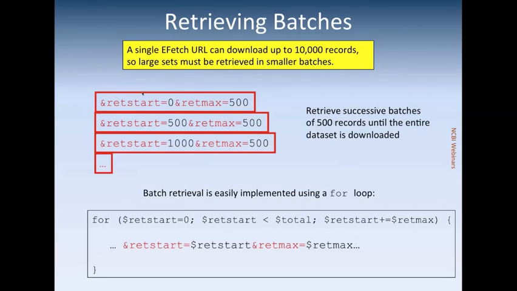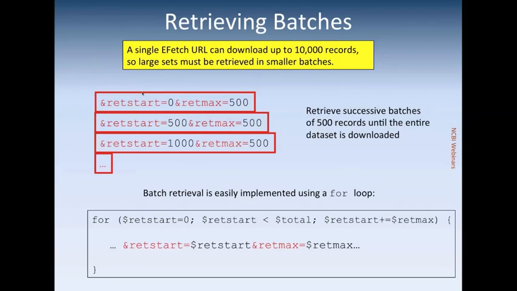Now, let's say that you have a very large set of records that you want to download, like several tens of thousands, hundreds of thousands, or even more records that you want to download from a particular database. You can only get 10,000 at once from EFetch, just like ESummary. How do you do it? Well, you do a loop.